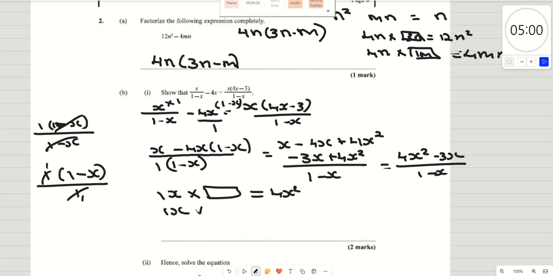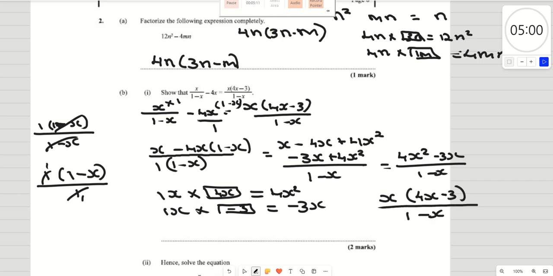And 1x multiplied by what would give you your second term, minus 3x. 1x by 4x, and then 1x by minus 3. So it's going to be x, open bracket, 4x minus 3, close bracket, all divided by 1 minus x. Is that the same? Yes, so we have shown how x over 1 minus x minus 4x could be reduced to this form.